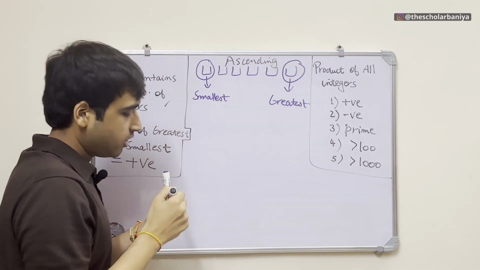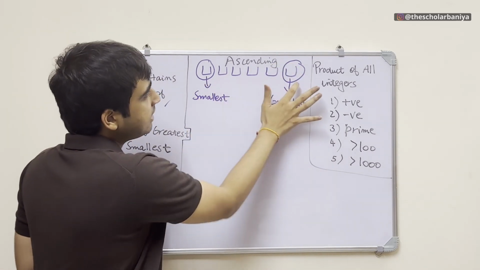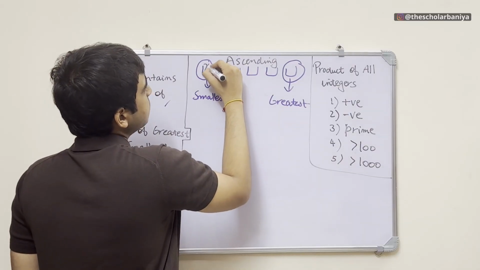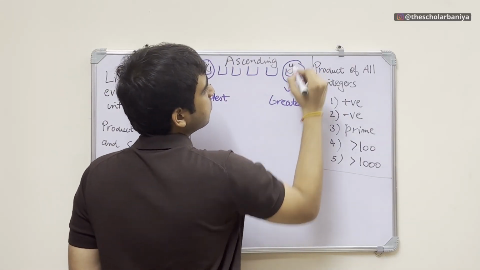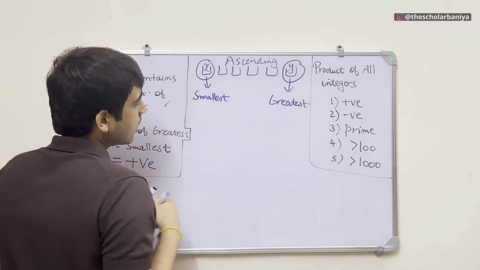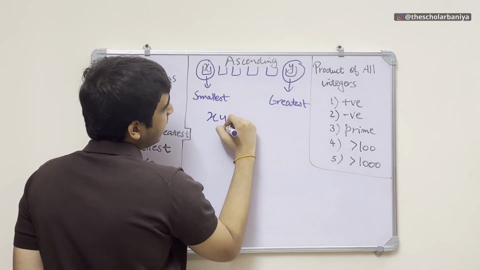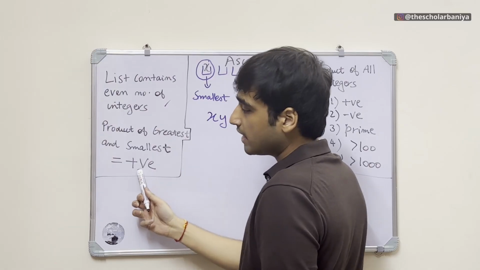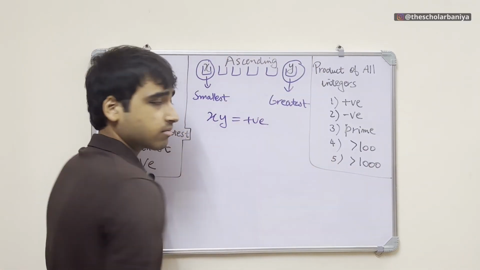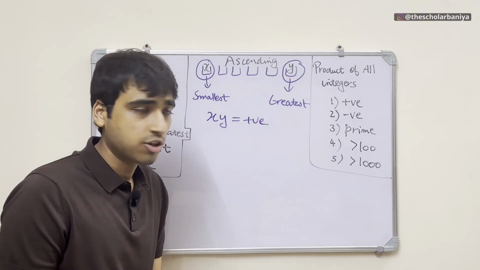Let's assume the smallest is x and the greatest is y. If we multiply x and y, the greatest and the smallest, we get positive. So xy is positive. This is given in the question.